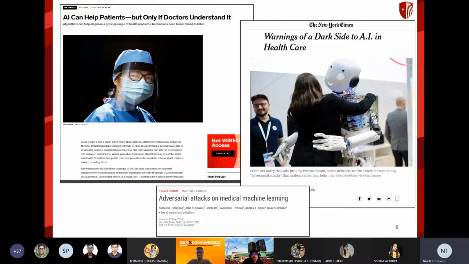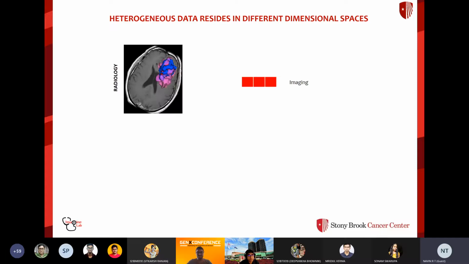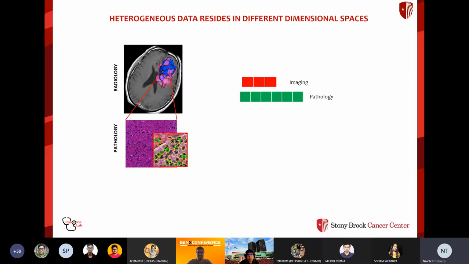Now, to address the issue of interpretability, my talk today will be focused on biologically inspired and domain-inspired tools that we have been working on and how we may be able to use such tools to improve the intuitiveness and interpretability of machine learning. Now, heterogeneity is observed at many different length scales in the field of medicine, such as the gene level, the cellular level, the histologic level.